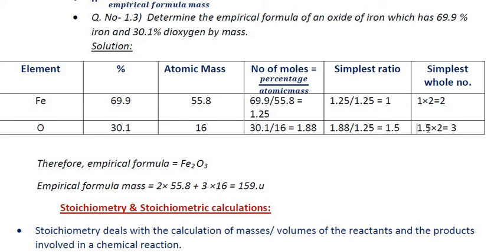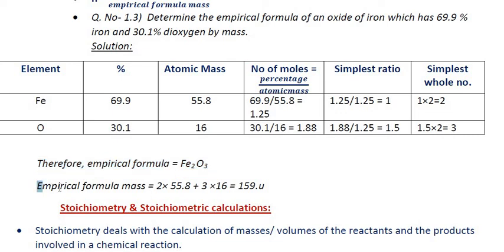Again, 1.5 multiplied by 2 gives 3. So 2 and 3 are whole numbers. Now we have got the answer. We have 2 atoms of iron and 3 atoms of oxygen in the empirical formula of the oxide of iron. Therefore the empirical formula is Fe2O3. This is the empirical formula.